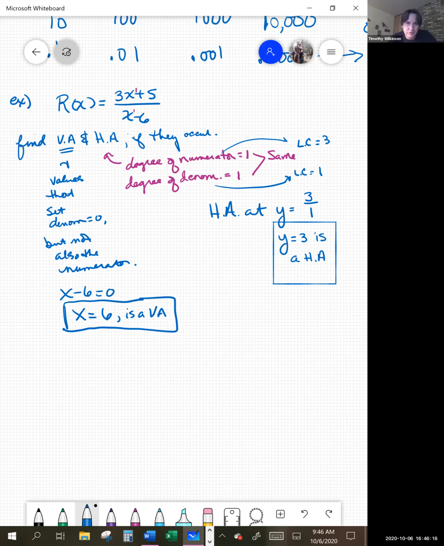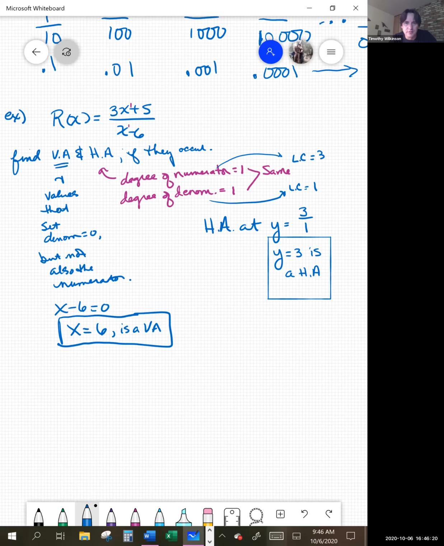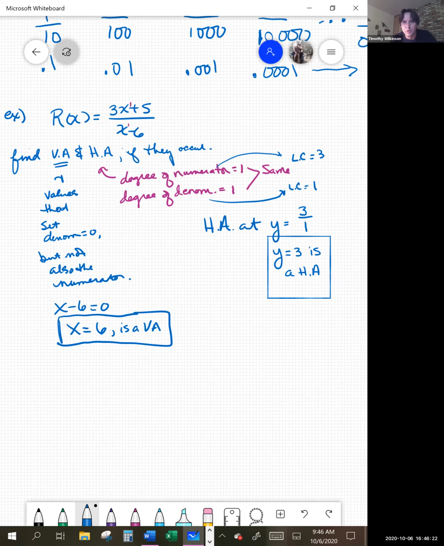So if the degree of the numerator had been 2 and the degree of the denominator had been 1, it would be 2 over 1 instead of 3 over 1 right now? Oh, if the degrees were different? Yeah. If there was a 2 there and the bottom was the same, then y would be 2 over 1 instead of 3 over 1?